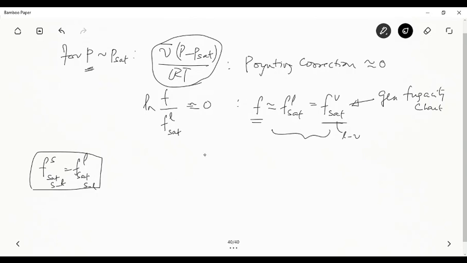Now, in liquid vapor equilibrium, we know that FL sat is equal to FV.